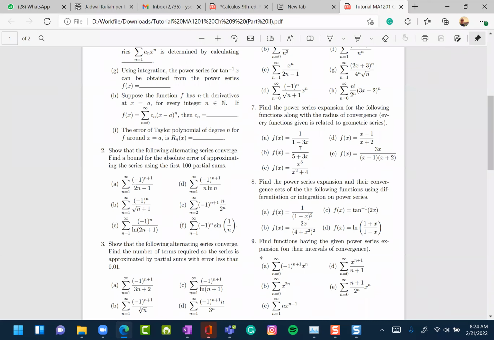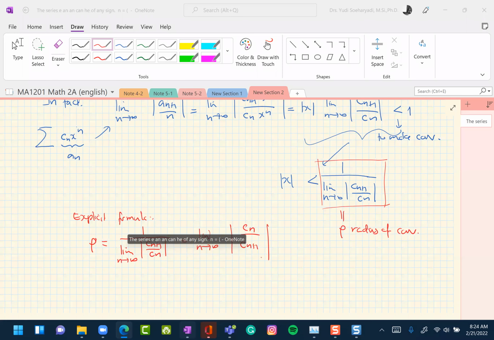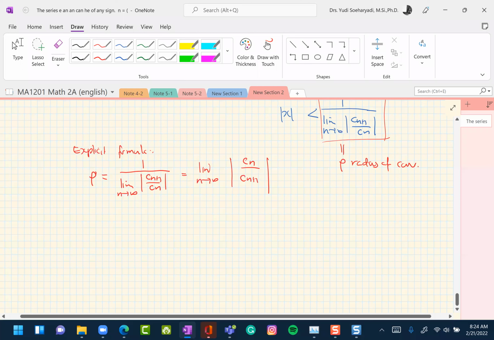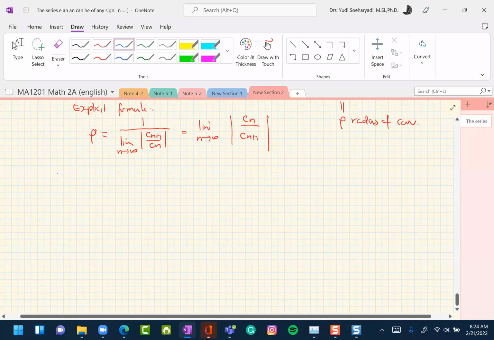This is what we call operations on absolutely convergent power series.